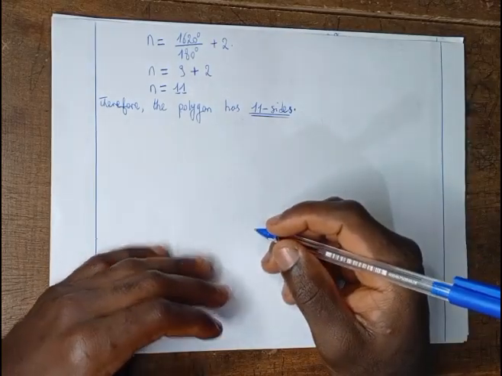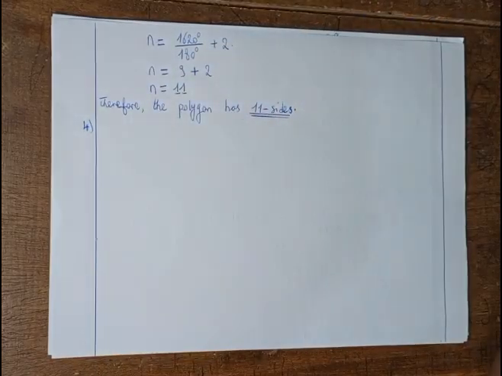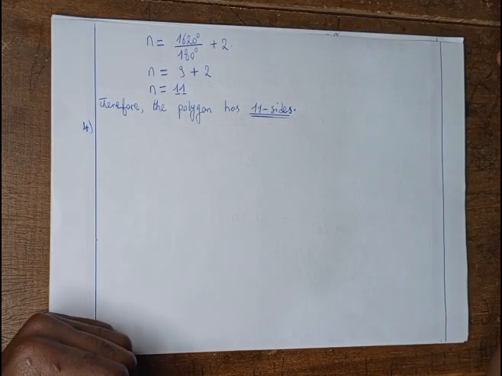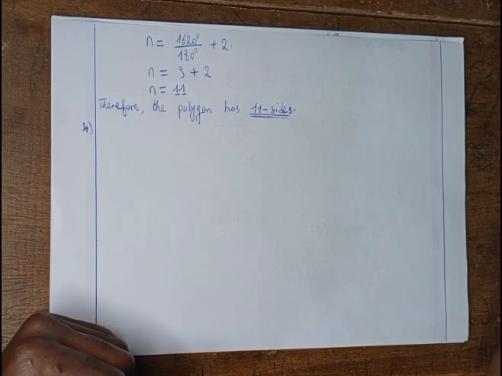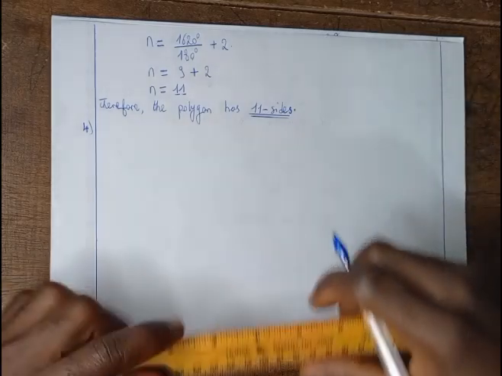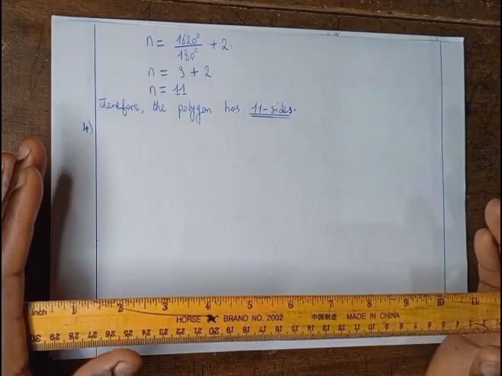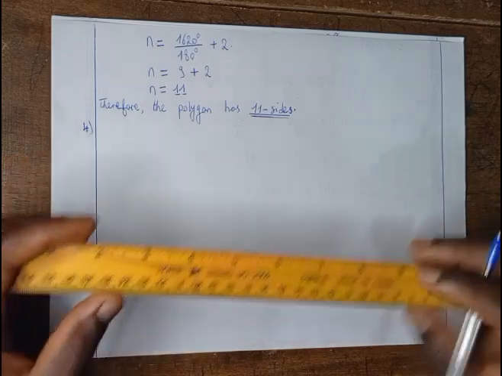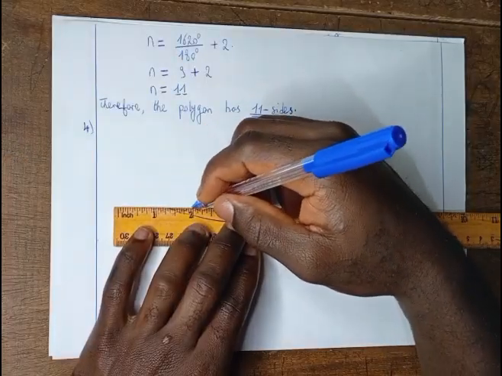Next, now we go to question 4. For question 4, they're asking us to show that for any 3-sided polygon, the sum of its exterior angles is always 360 degrees. For us to answer this question, we are going to start by drawing a triangle with exterior angles, with 3 exterior angles. Drawing a triangle of our choice.